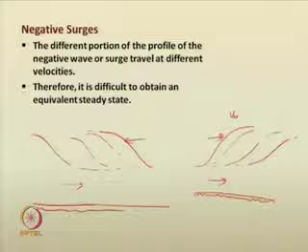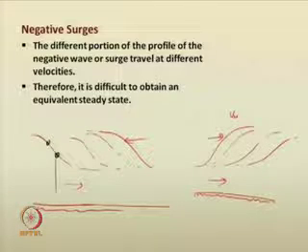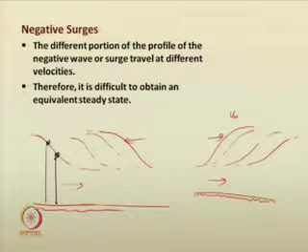So, the velocity of the wave at this location and at this location are quite different. Based on the flow depth, the velocity of the wave will also change. So, you will not get a constant velocity for the wave, and it is quite difficult to use the equivalent steady state condition for such problems.